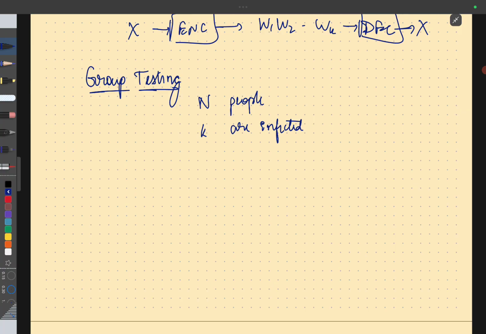If it returns a positive, then there's at least one infected person in this set of 50. But if it returns a negative, then you don't need to test anyone from this set of 50 at all, which can be very advantageous. You've just eliminated 50 people with just one test. So there's a way of cleverly grouping together. In the context of group testing, this is called pooling, so you can pool people together in order to find out which people are infected.